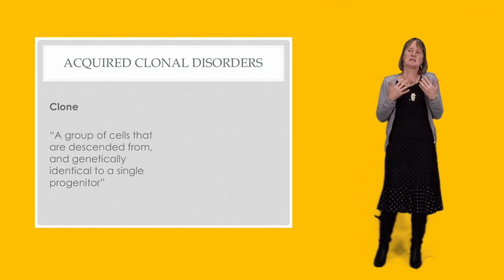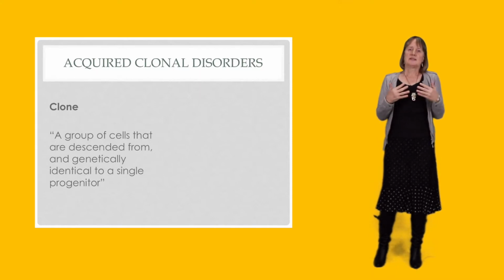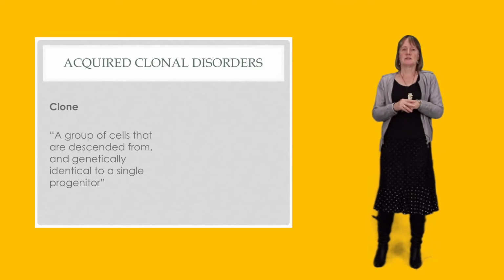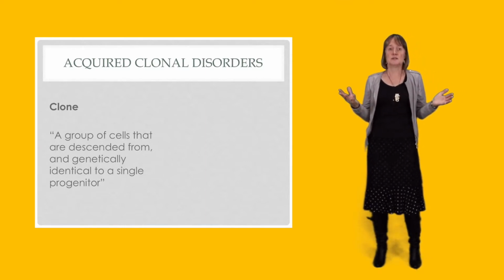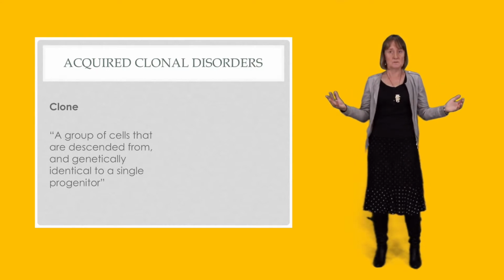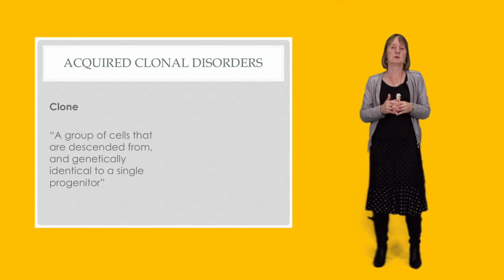And clonality is not abnormal in the sense that our normal blood-forming process produces clones of normal cells. It's just that these clones are very small and there are huge numbers of them, so it doesn't look like there's a predominance of any one clone.